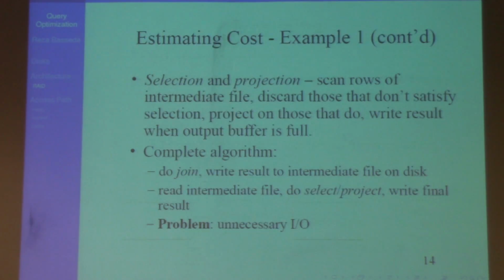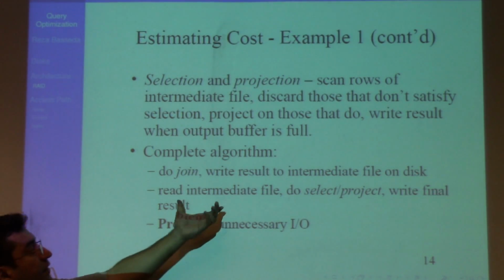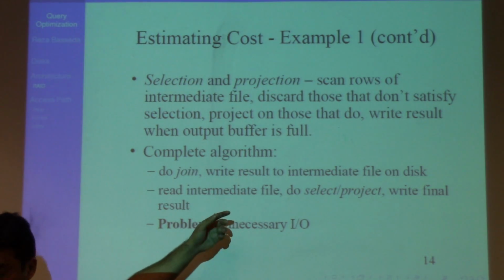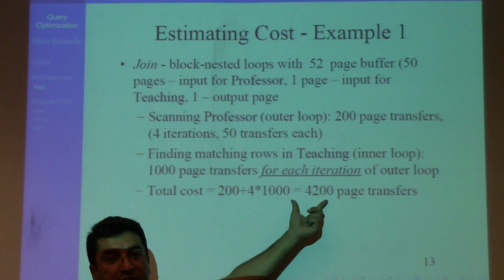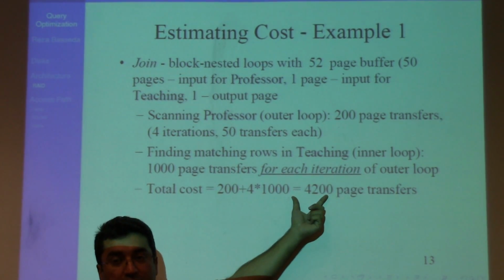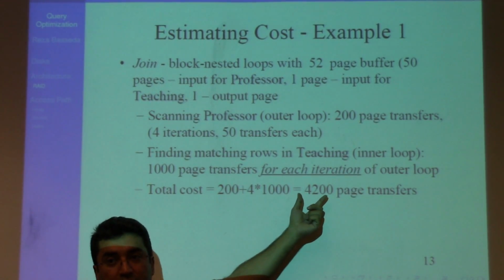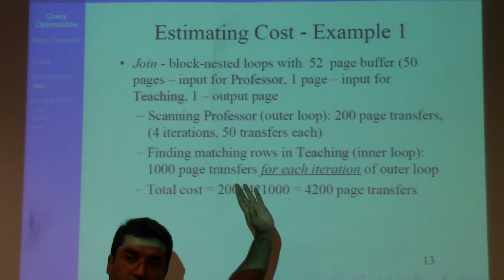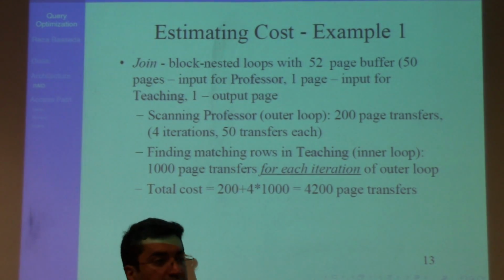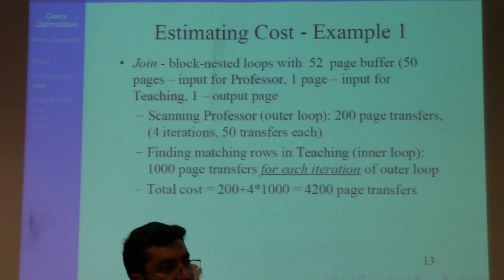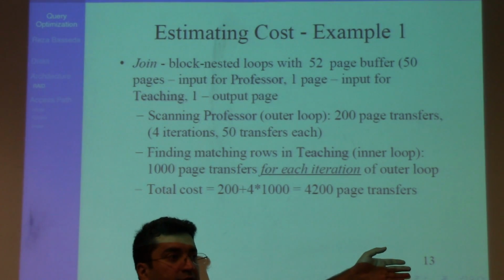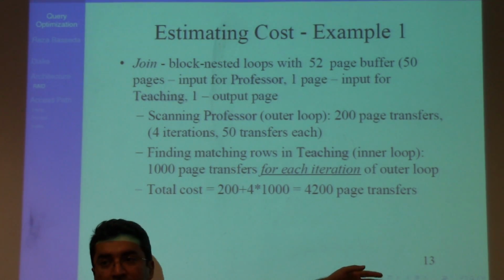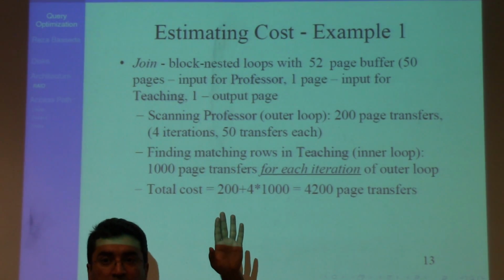Why? What was the burden over here? We had this amount of page transfers. For what? First we joined, then we wrote them on the disk, and then we loaded them in this intermediate file. Then we scanned it and we selected desired records, right?